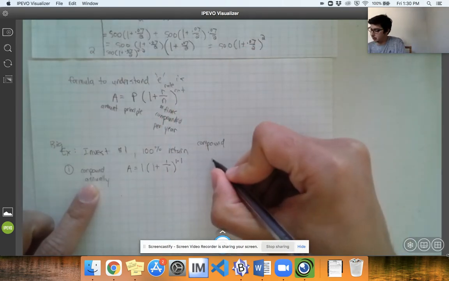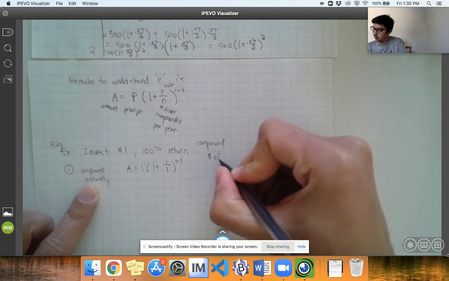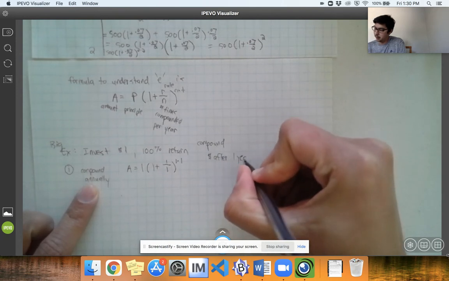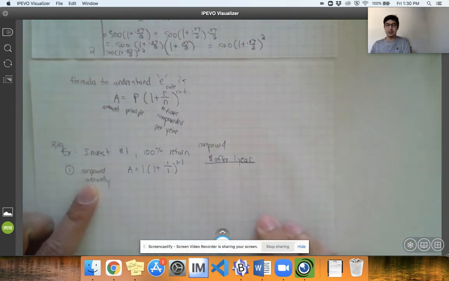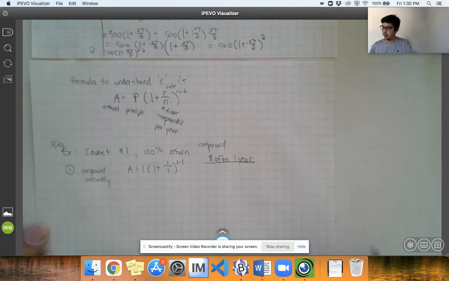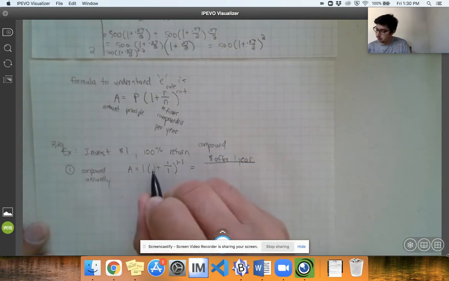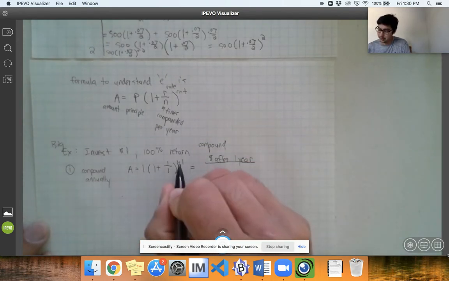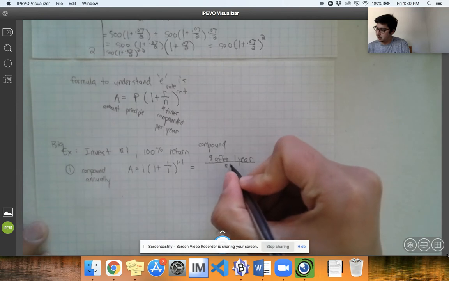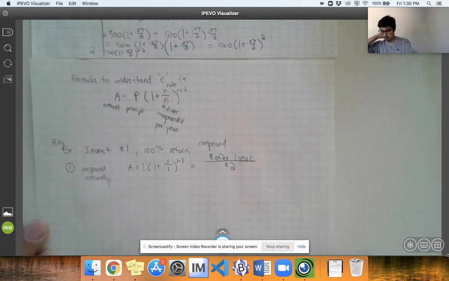And we're assuming how much money you're going to have after 1 year. Let me make that clear: money after 1 year is what we're going to be looking at. So if you do this, you'd be at 1 plus 1 is 2 to the first, which is 2. So you'll be left with $2.